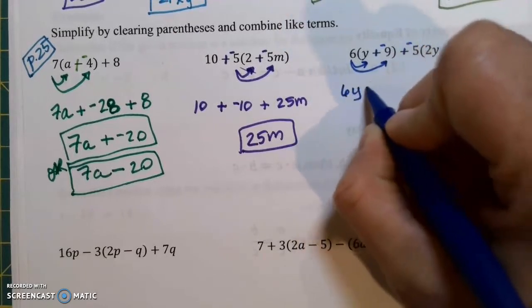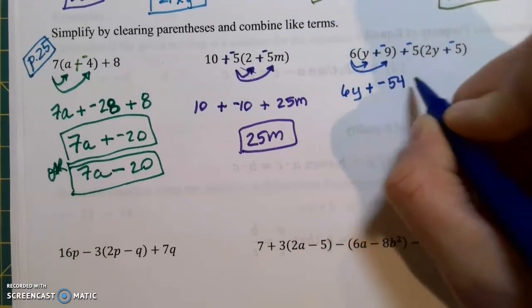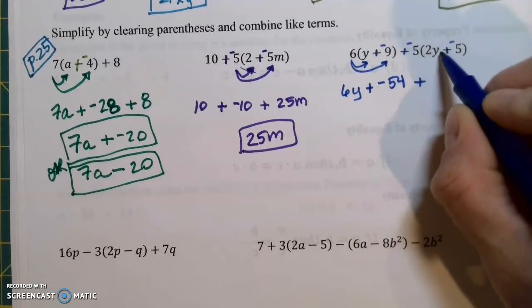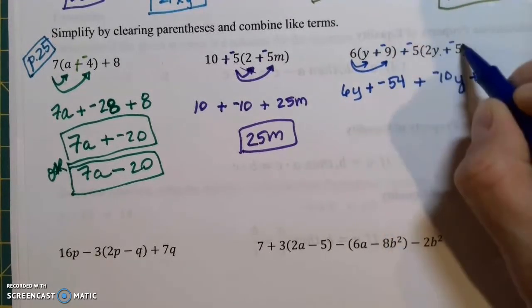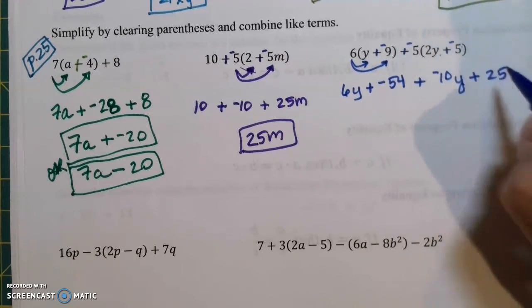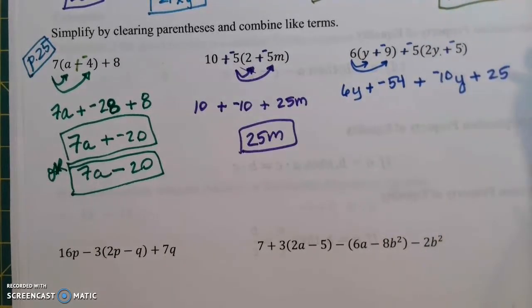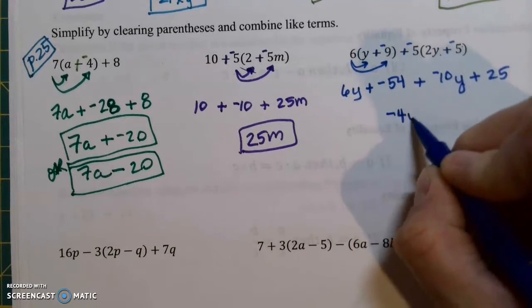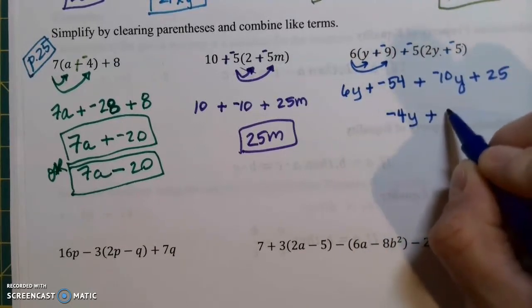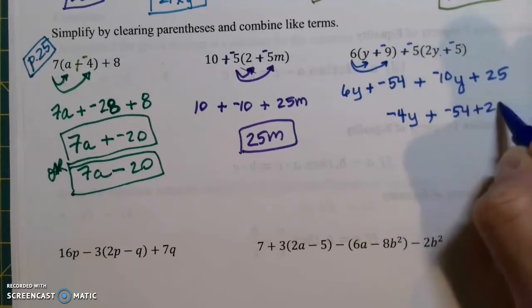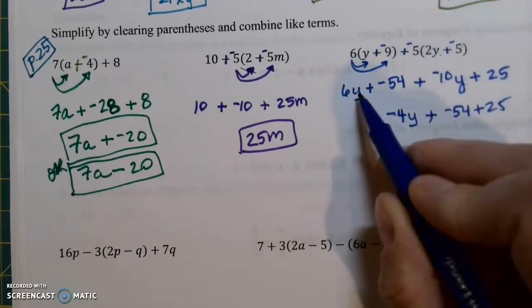So 6y plus -54, and then the -5 will multiply by each one, so we'll get -10y plus -5 times -5, which would be positive 25. So we will have -4y, and then plus -54 plus 25, because the y's I can add together.